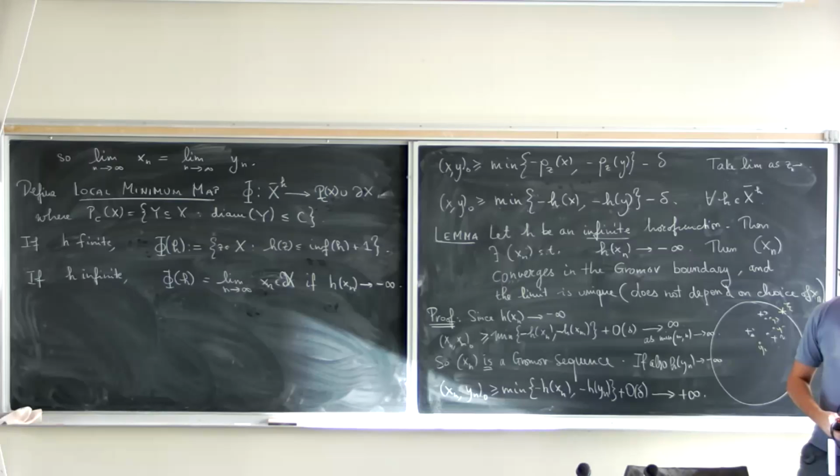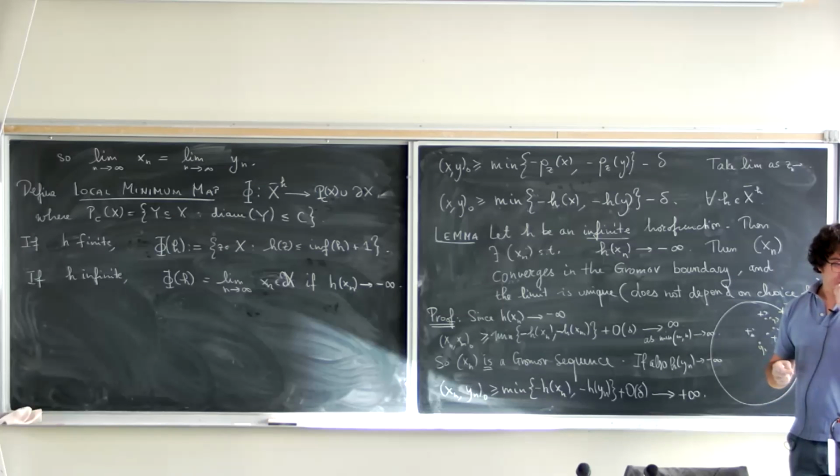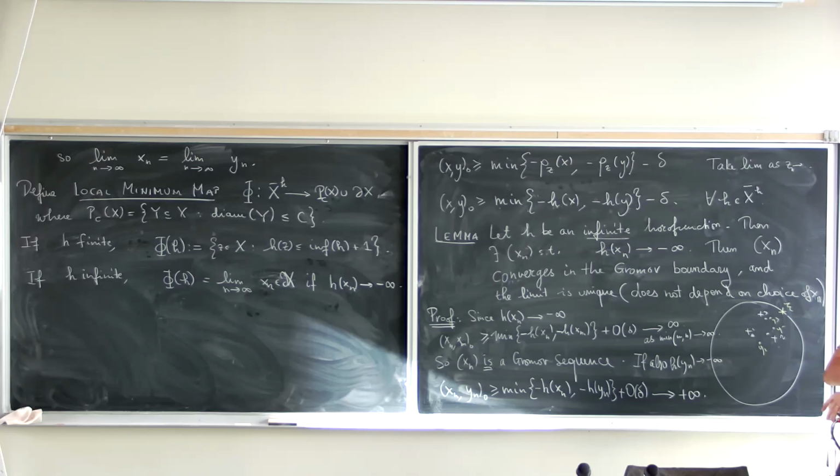You have a compact space and it covers the simplices in the curve graph union the Gromov boundary. Yeah, that's just a comment, but you're right. This is just a general setup.